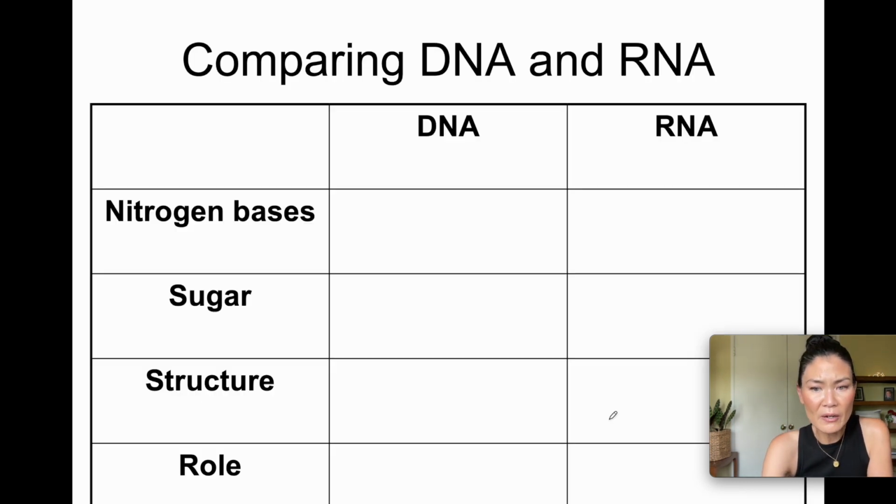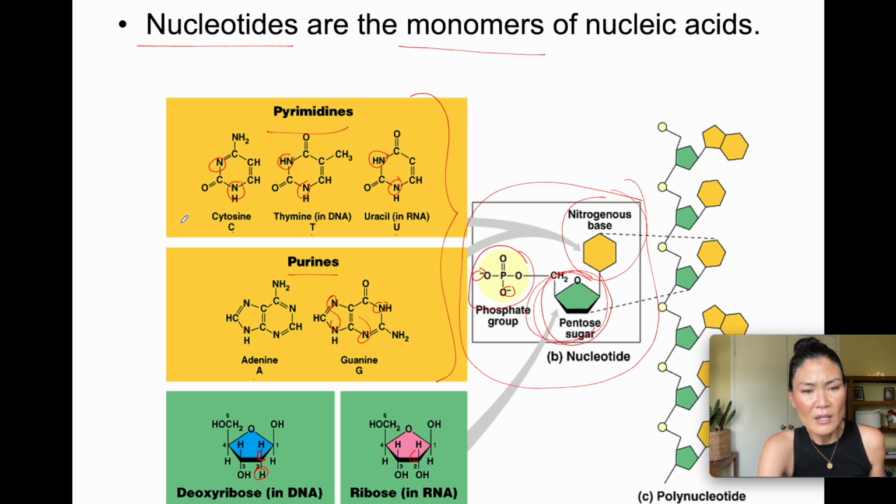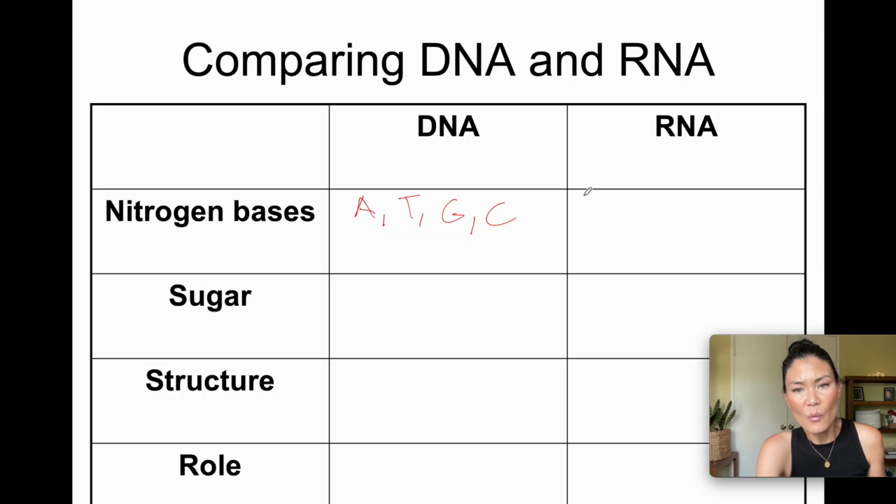So when we compare DNA and RNA, the nitrogenous bases in DNA are going to be adenine, thymine, guanine, and cytosine. Whereas in RNA, it does have the adenine, but it doesn't have a thymine.